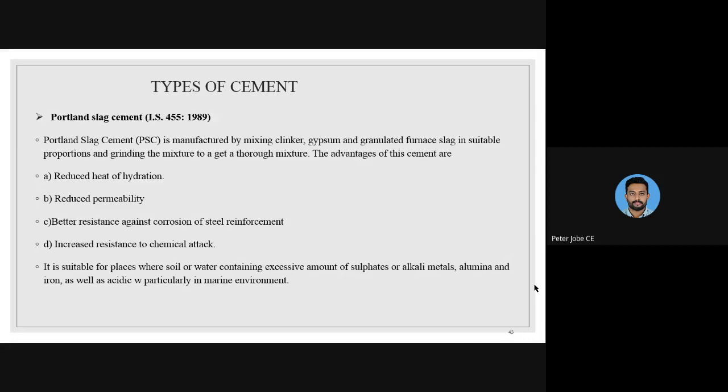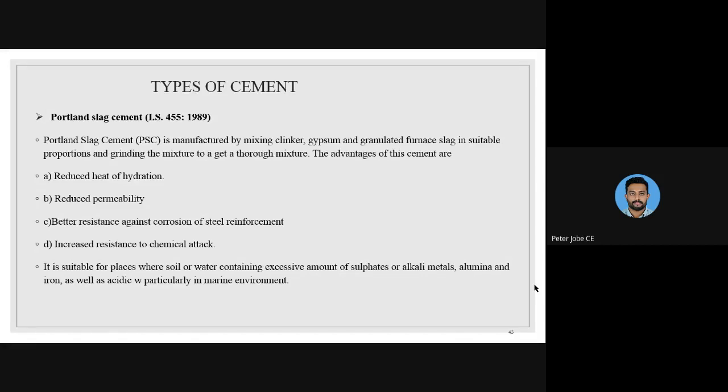If we approach any masons, they don't know whether it's slag cement or pozzolana cement. They don't know what type of cement we are giving them. So they will just mix the amount of water that they have been using over the years, and that mixture won't come out correct. So that's the thing.